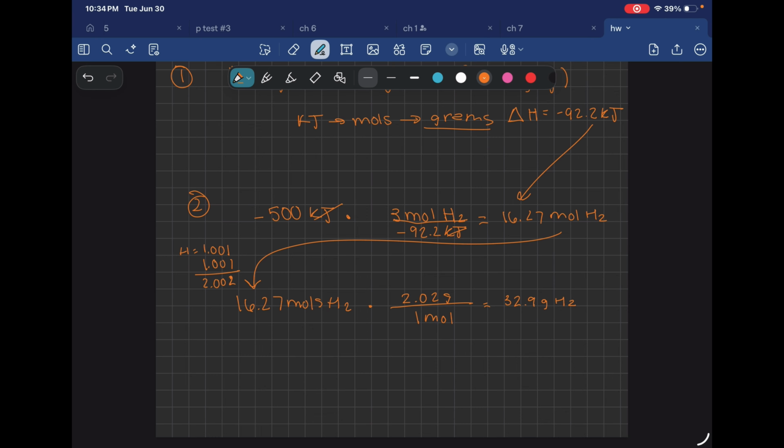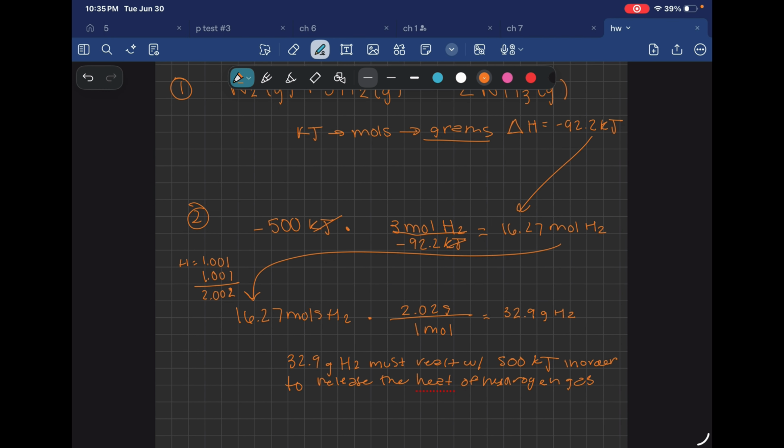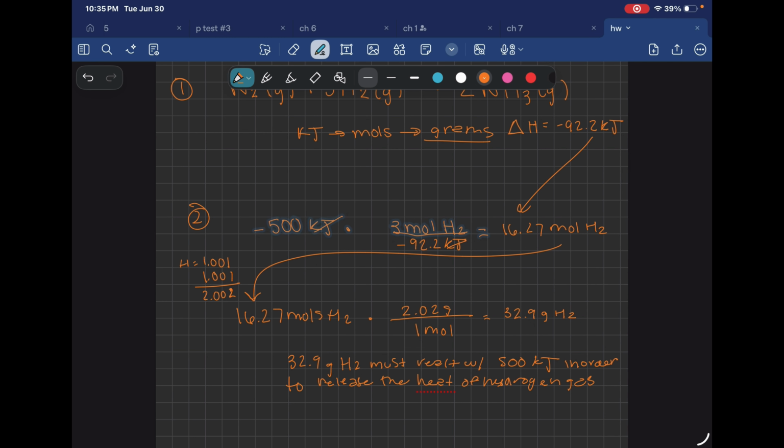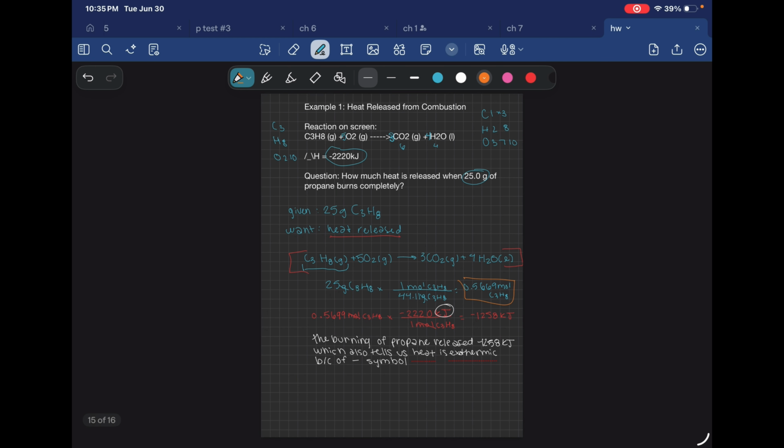So let's write that down. 32.9 grams of H2 must react in order to release 500 kilojoules of heat. All right. Now that we're all done here, we've done our example 2, and here's our example 1.